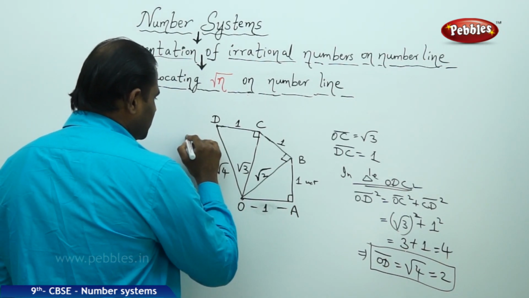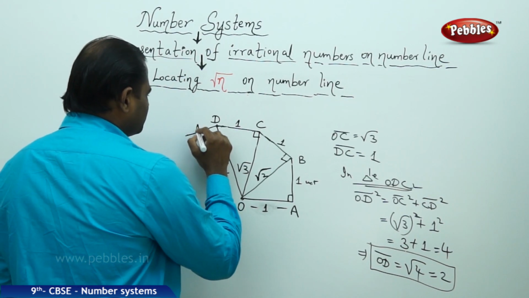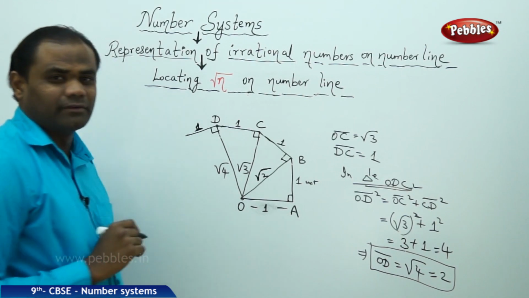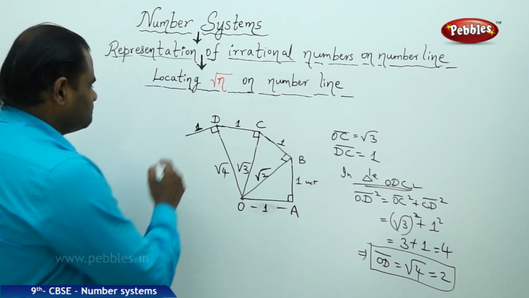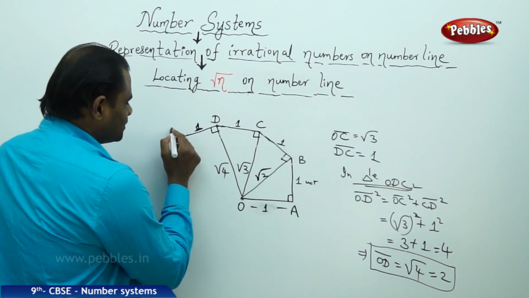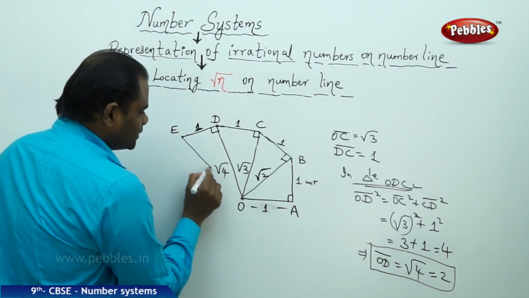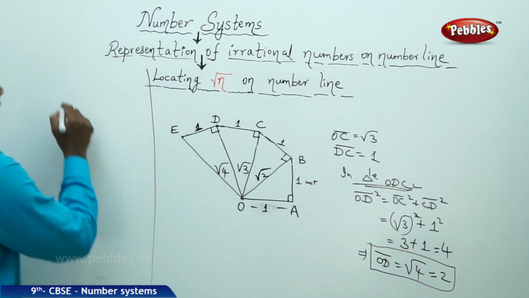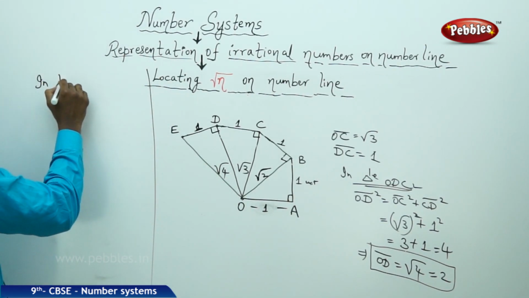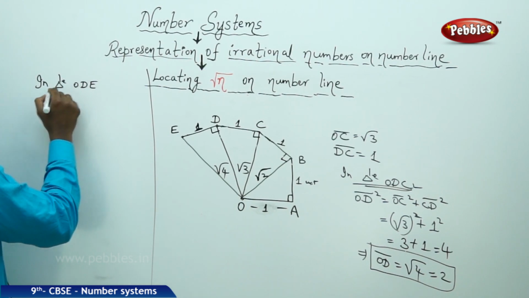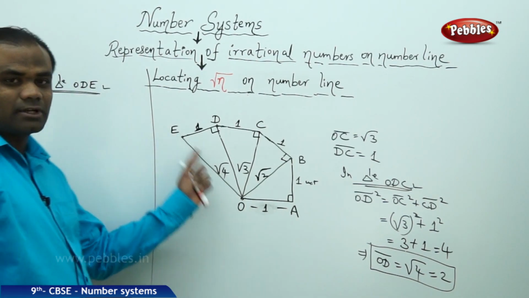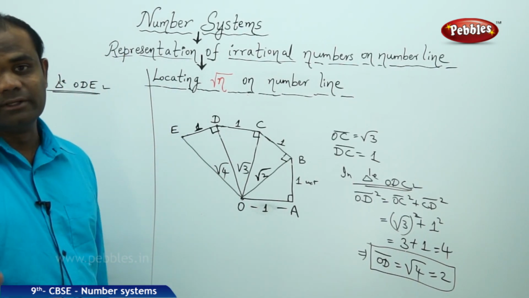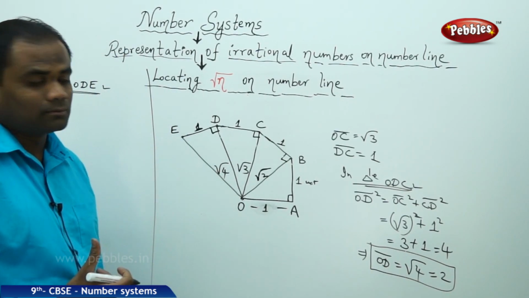so that I take from D a perpendicular of 1 unit which cuts D exactly at 90 degrees. And here, this being 1 unit, let me mark this with E and then join OE. Let me again take triangle ODE. In triangle ODE, which is right angled at D, I have again the Pythagoras theorem, which plays a vital role.